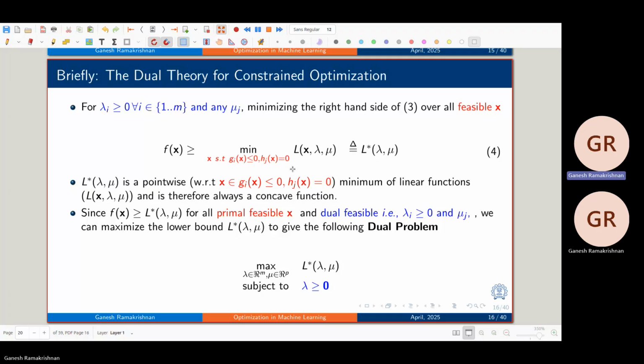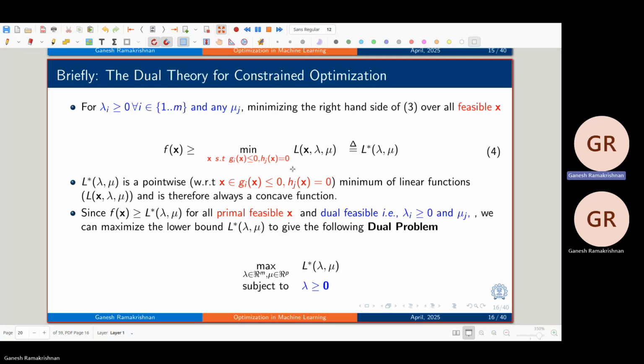So we come to the next question. When will it be equal to? Can it be equal to is a question. So this inequality is called weak duality. No assumptions made. The solution to the dual problem will be less than or equal to the solution of the primal.